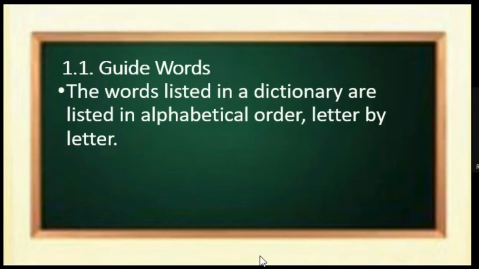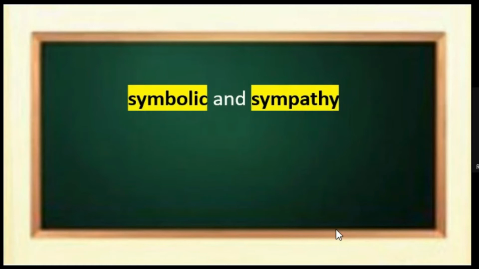The words listed in the dictionary are listed in alphabetical order, letter by letter. Okay, pairs of guide words are usually at the top of each set of facing pages. Guide words list the first and last defined word to appear on a page. So using guide words helps you quickly locate the word you seek. So for example, class, we are on a page of a dictionary.